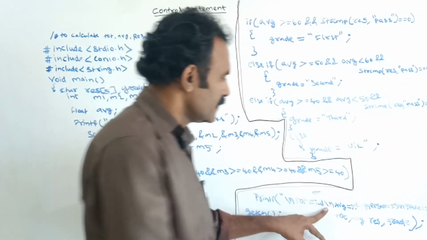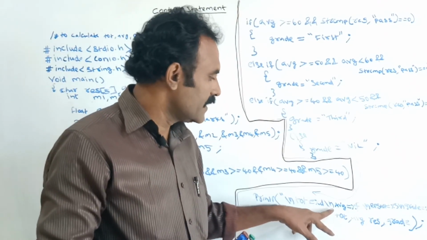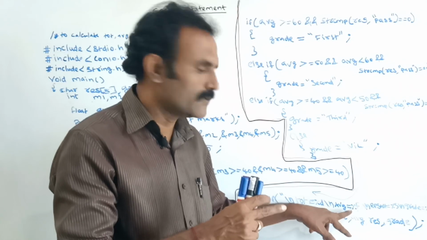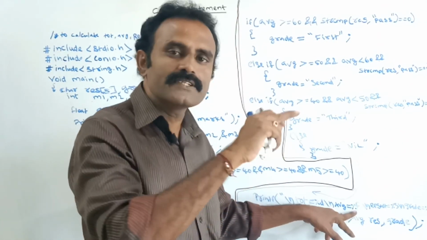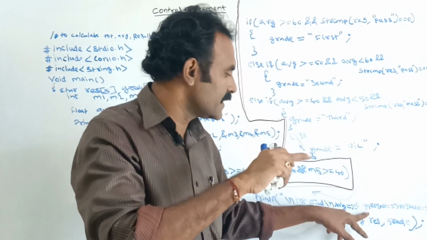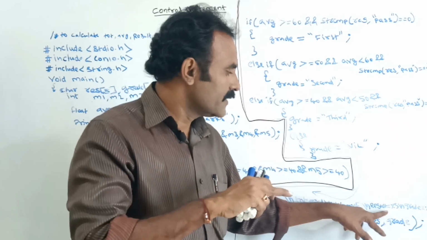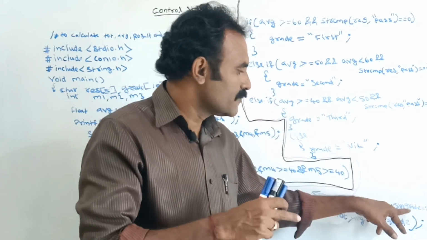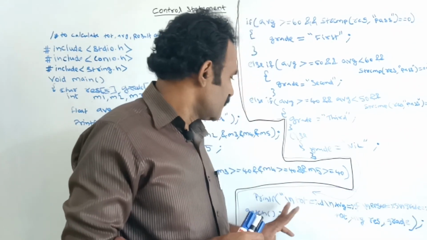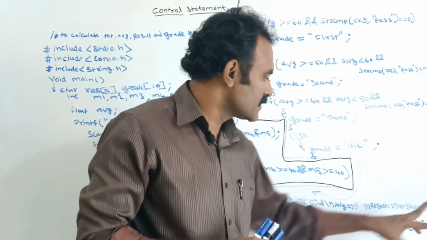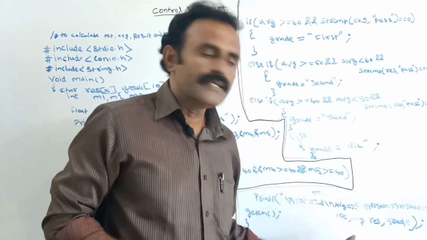Next \n, after that it will move to the next line, there it will print AVG, that is average is equal to, here percentage f, that is floating point AVG, the average result will be printed. After that \n, means next line it will print the result. Then next line \n, it will print the grade is equal to percentage s. I have closed this format specifier part, that is within double quotes. Next comma, here the variable name. In this way also we can print the result.